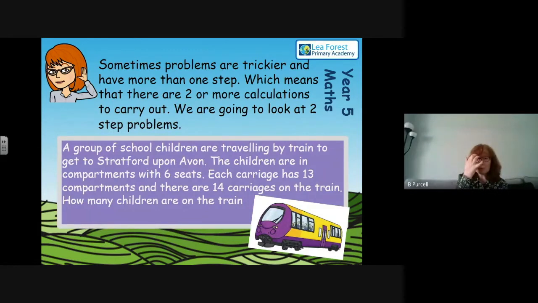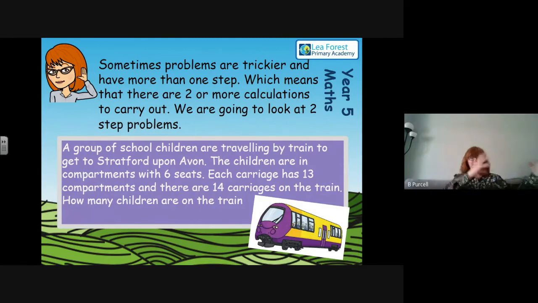Okay, so a group of school children are travelling by train to get to Stratford-upon-Avon. The children are in compartments with 6 seats. Each carriage has 13 compartments. Now, trains are made up of carriages.